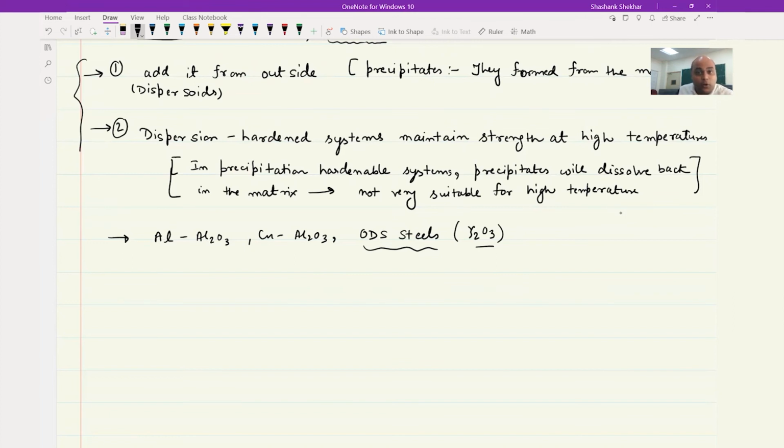This also means that in most cases, dislocations are going to bypass the dispersoids. They are not going to cut them because the interface is incoherent in nature. Okay, so that is the mechanism.